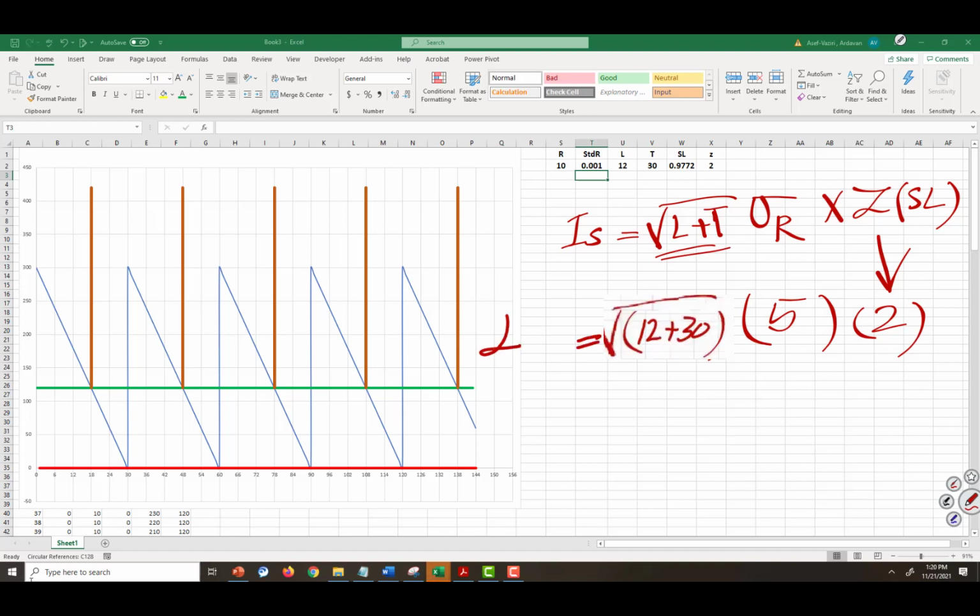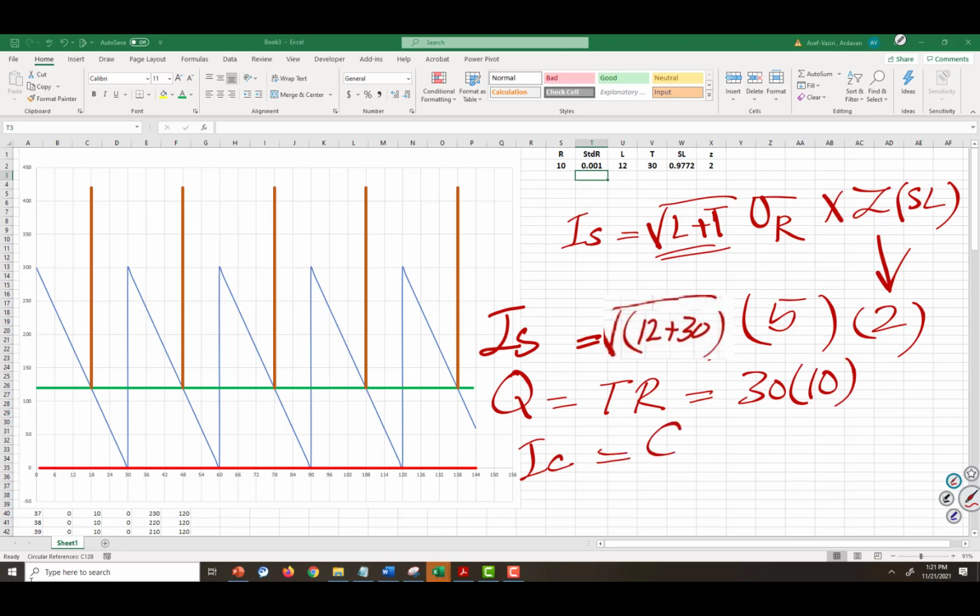That is I safety. What we order is equal to T times R, that is 30 times 10. I cycle is equal to Q divided by 2, which is 300 divided by 2.